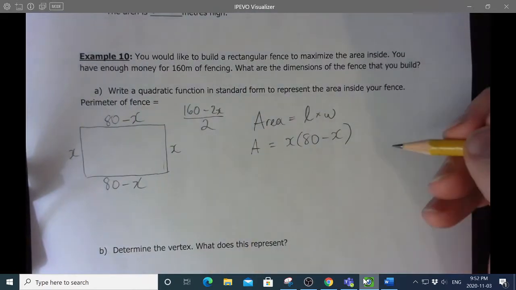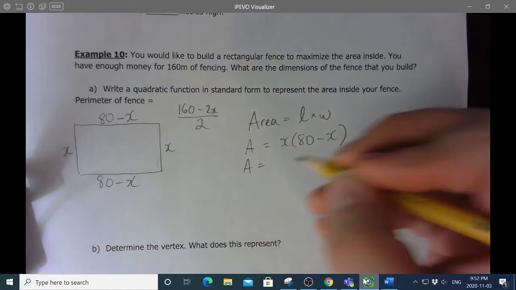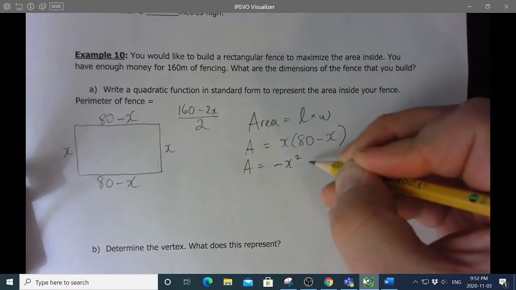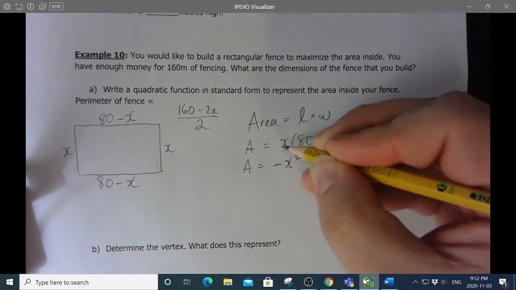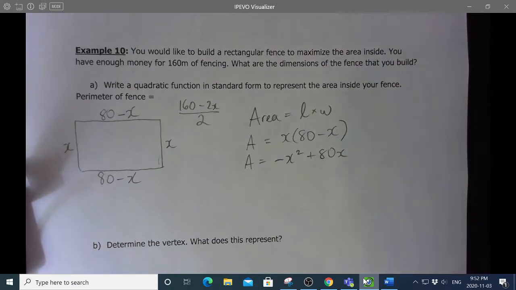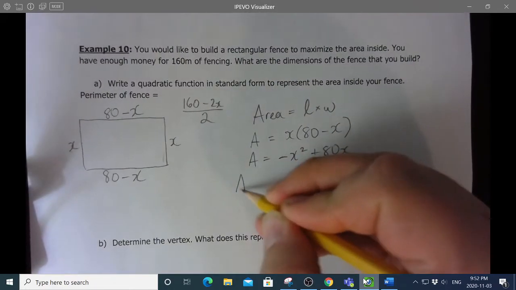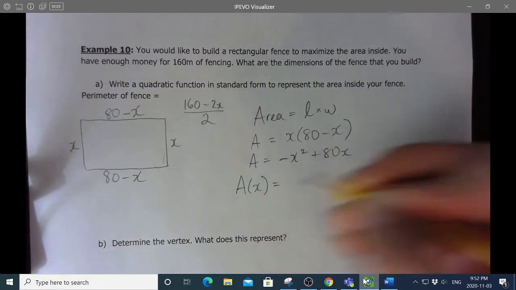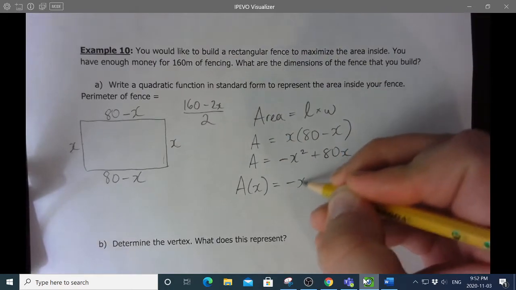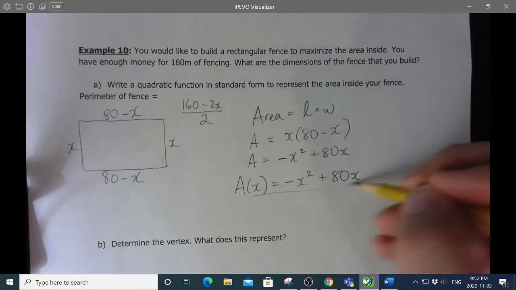Length times width. Putting that into a quadratic, A is equal to negative x squared plus 80x. I just multiplied that through and rearranged it a bit. And there it is. That's my equation in standard form. You might even want to say, hey, area as a function of x, ooh, let's get fancy and use function notation, is negative x squared plus 80x. And that is the area.